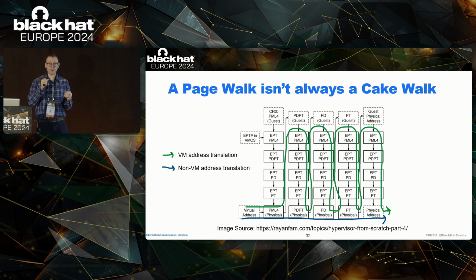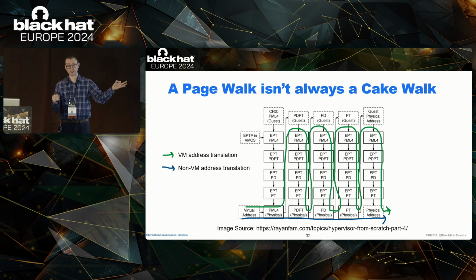So you might have to perform, I think, 20 operations, and these cannot be parallelized. This happens serially, one after another. You have to perform as many as 20 operations to go from a guest virtual address to a physical address.